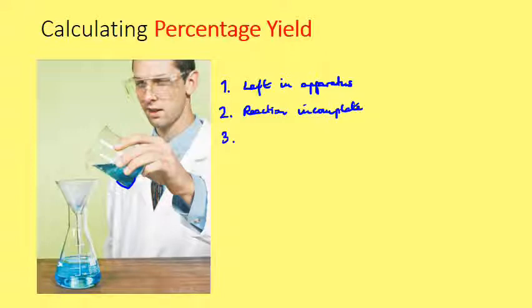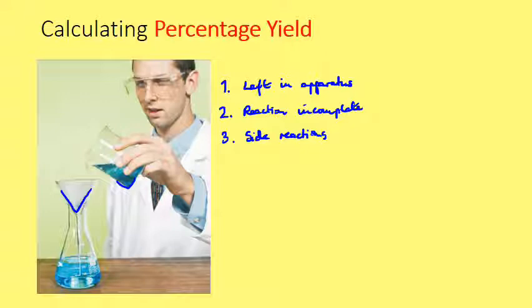And the third main one would be that you might get side reactions producing products that you don't want. Left in the apparatus, we've got left in the beaker. Obviously, if it's the solid you're interested in, some of the solid can be left on the filter paper. So left in apparatus is a common one.